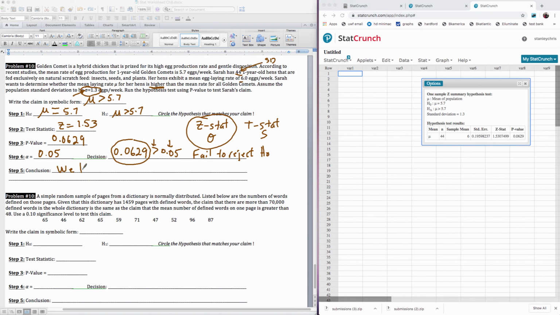So we have insufficient or no evidence that the true mean egg production for Sarah's hens is above 5.7.